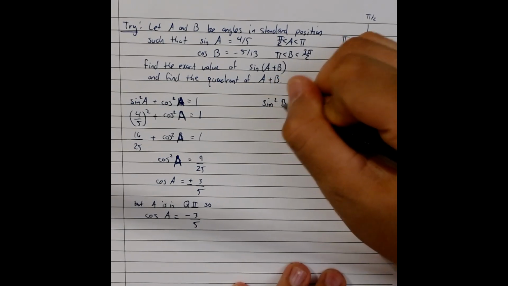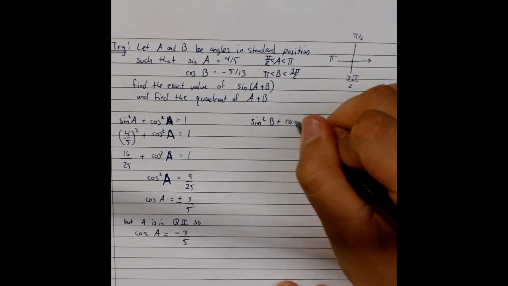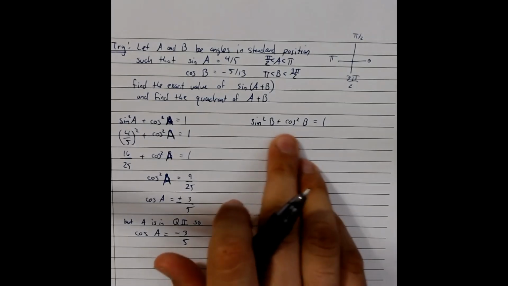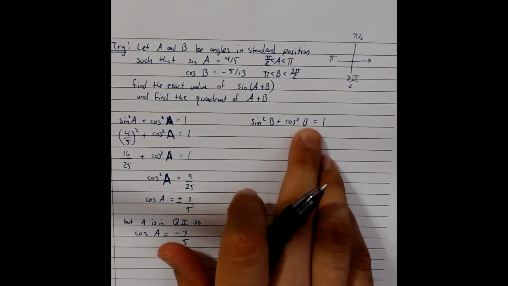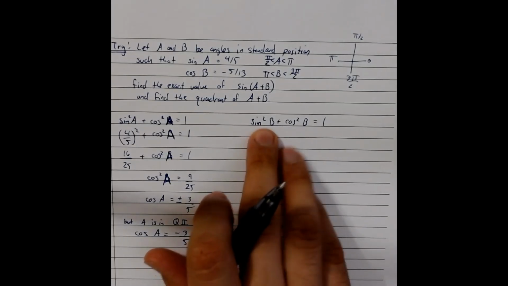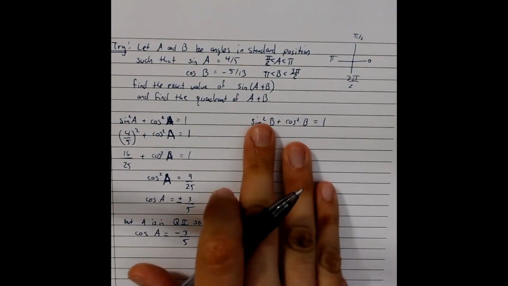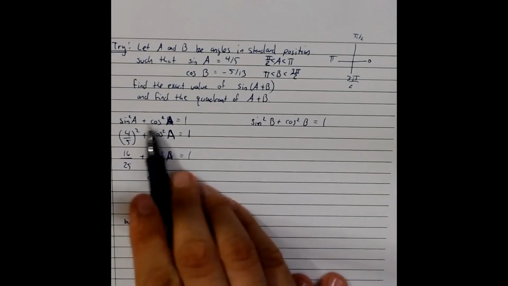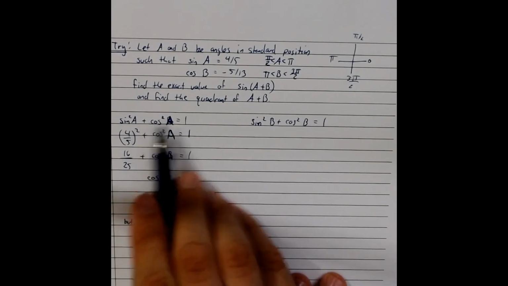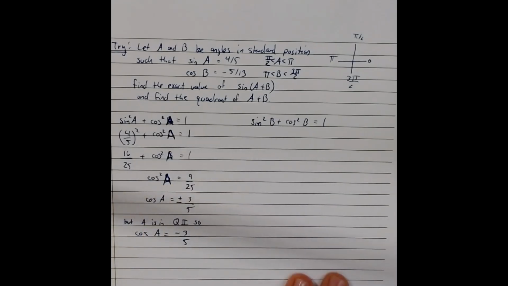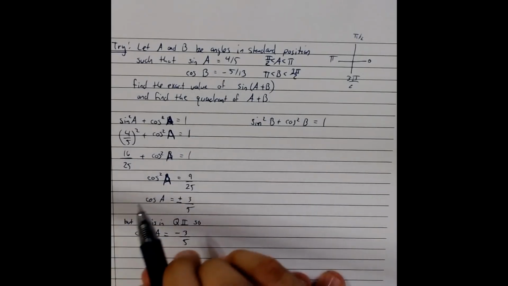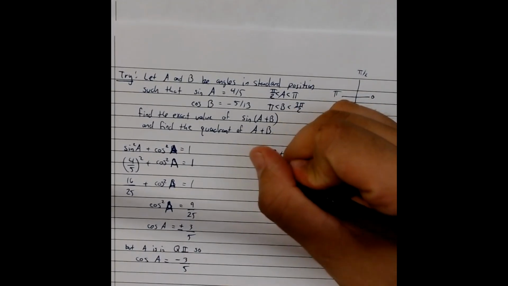Sine squared of B plus cosine squared of B is equal to 1. Now remember, the Pythagorean identity works either way. Cosine squared of B plus sine squared of B, or sine squared of B plus cosine squared of B. Addition's commutative. It doesn't matter what order they're in, but it does matter that these angles be the same. A with A, B with B. All right, so I know cosine of B is that number there, negative 5/13. So let's plug that in.